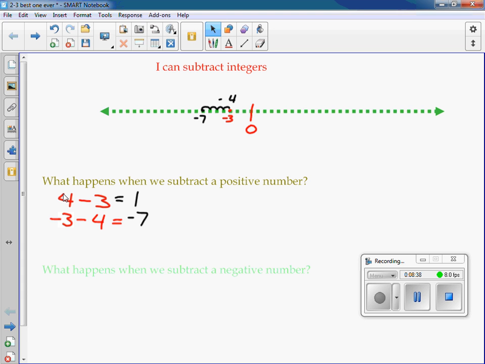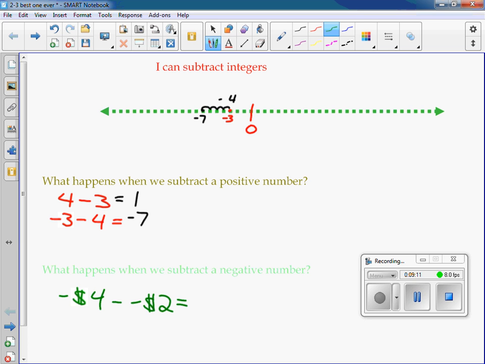So subtracting negatives, it actually increases things for us. Okay? So let's just give a simple example. If we owe $4, okay? So let's say it's a negative $4. Okay? So you borrowed $4 from a friend. They say, you know what? You don't have to pay me all $4 back. Okay? I'm going to take away $2 that you owe me.